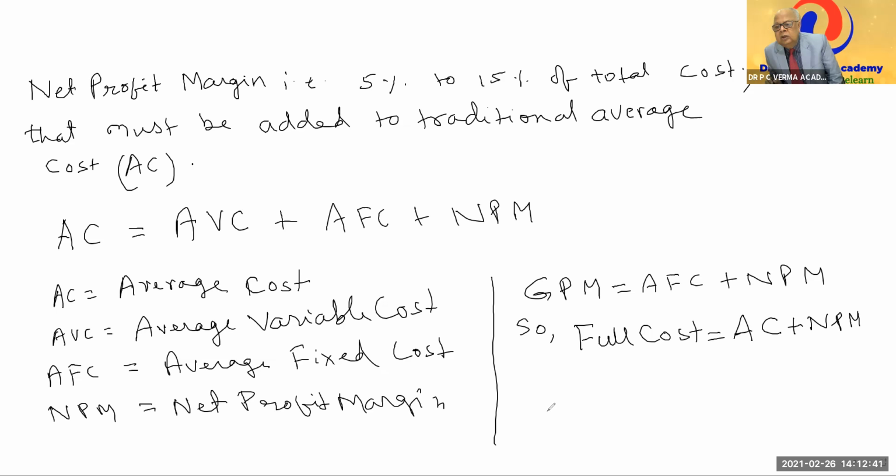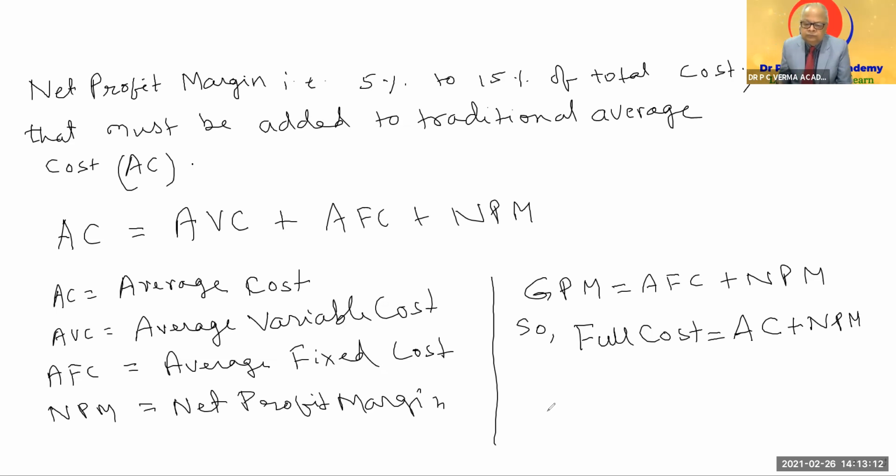Okay, sir. When you will add to total cost, then NPM into output. You write as I have written here. Just you convert AC. AC, AVC, AFC, NPM.